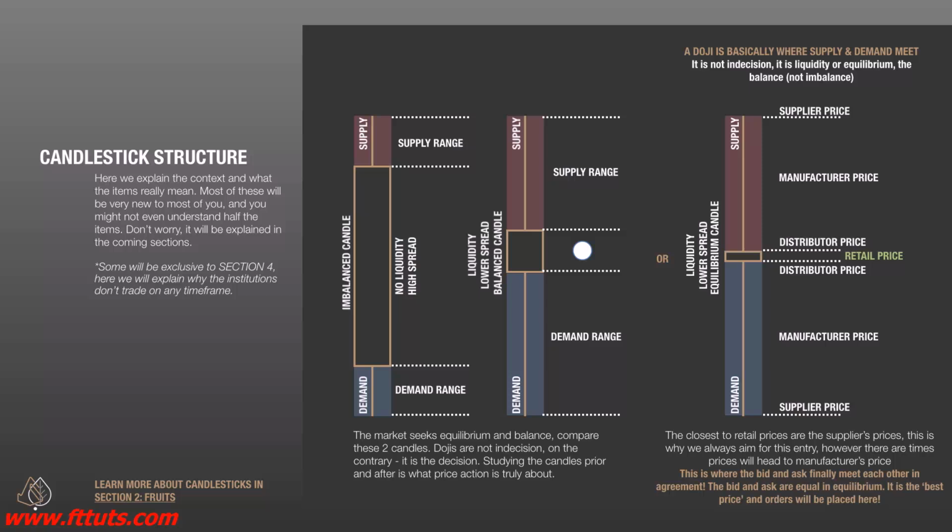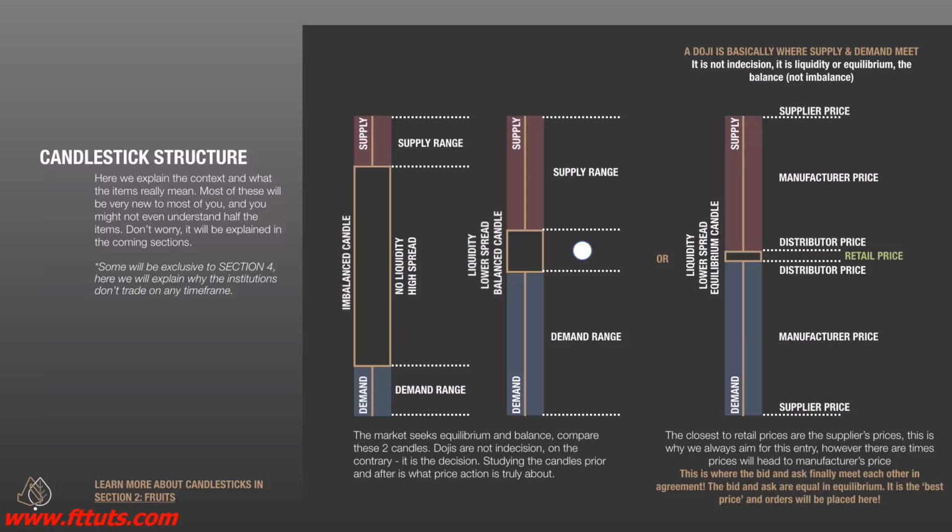Okay, if you see the first candlestick, you see demand range, you see the supply range, you see the imbalanced candle, no liquidity, high spread. Then the next one, you see the dodgy, liquidity, lower spread, it is a balanced candle. Okay, dodgies actually mark very high liquidity.